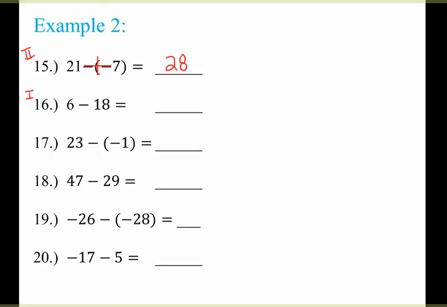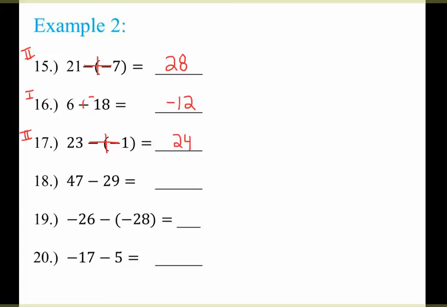That's type 1. It converts to 6 plus -18. That is war. Negatives win. They win by 12. Number 17, type 2. 23 minus -1 converts into 23 plus 1. 23 plus 1 is 24.